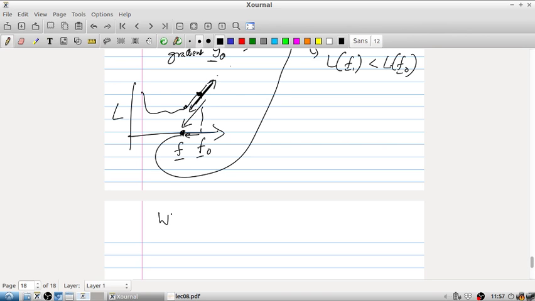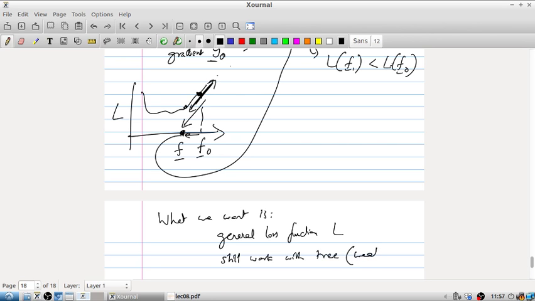What we want to do is work with a general loss function L, and still work with trees as weak classifiers, let's say.